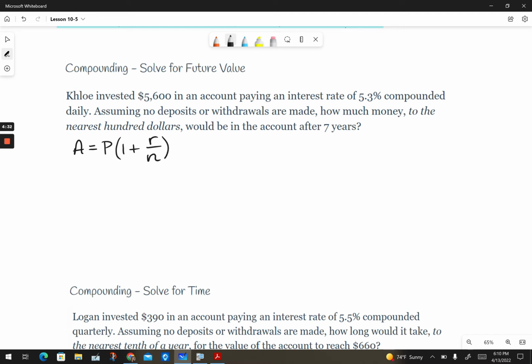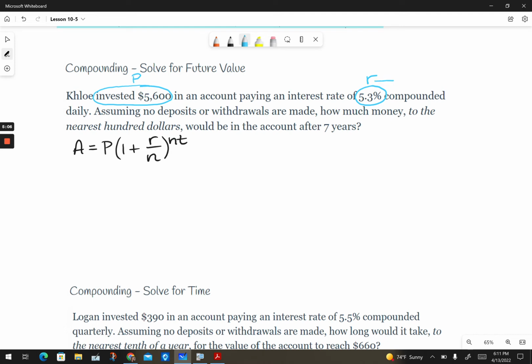Let us see what is being given to us and what we need to solve for. Chloe invested $5,600, so what they're giving us in this problem is the value of P. It has an interest rate of 5.3%, so that's our R, and we must not forget to convert R into a decimal.